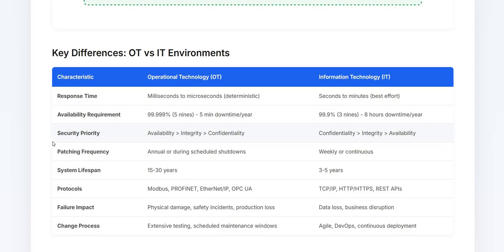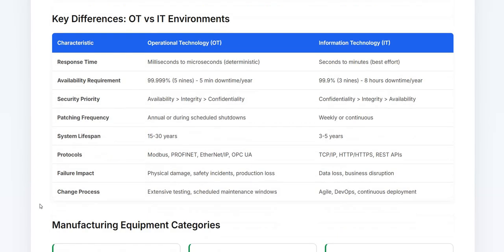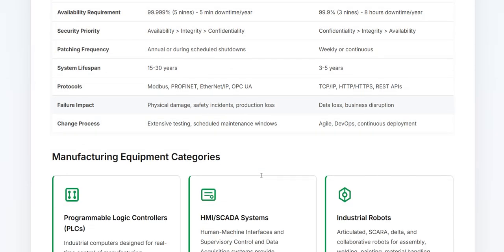Security ordering differs because a stopped process creates immediate harm. Patch timing differs because restarts interrupt production. Lifespan differs because hardware depreciation runs slower than software cycles. And failure impact and change process you can see here.